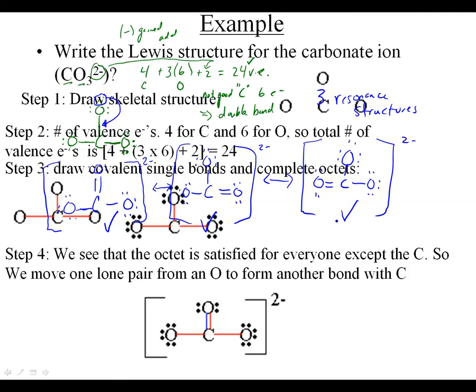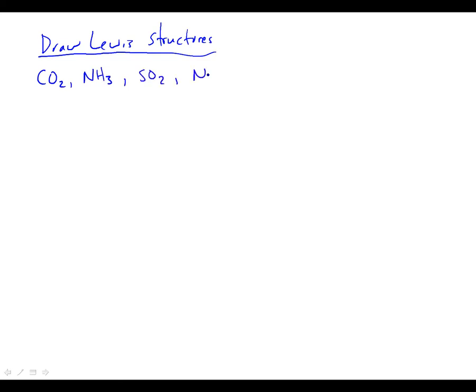So let me give you a few more just to practice here. Why don't you draw the Lewis structures for CO2, NH3, SO2, N2, and then C2H5Br.